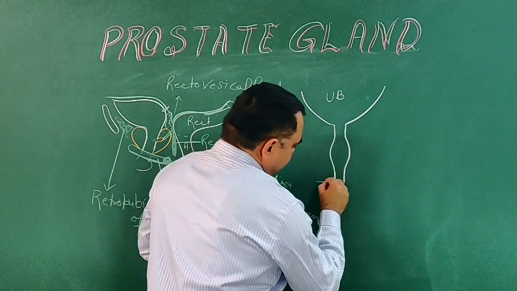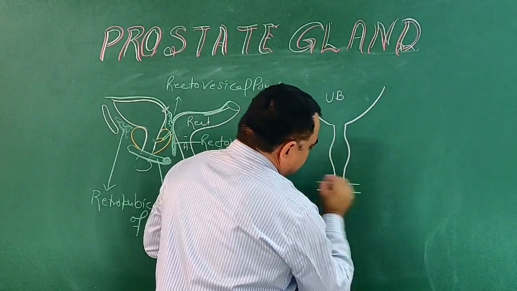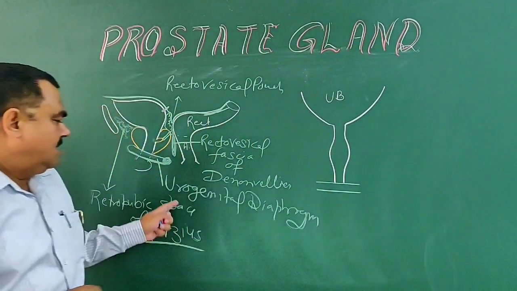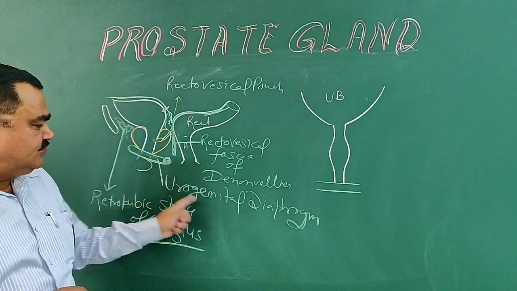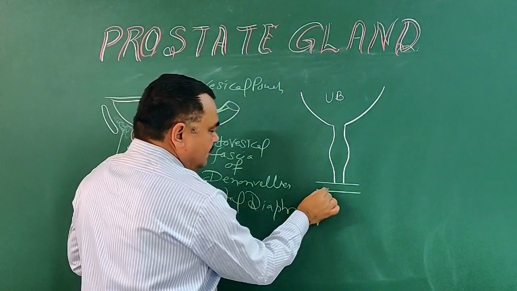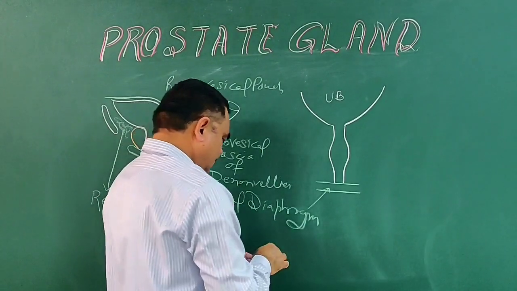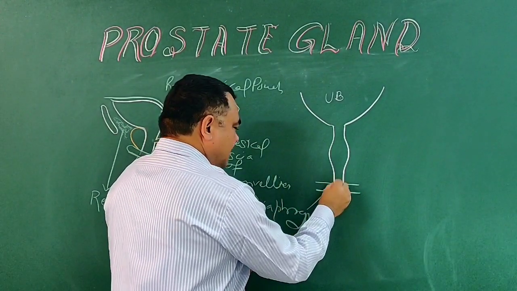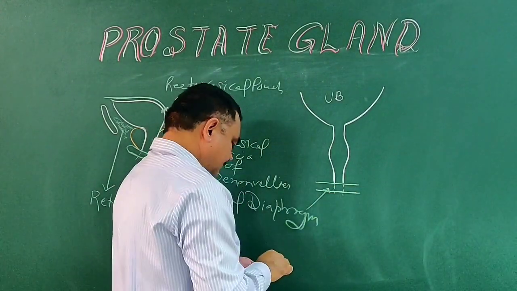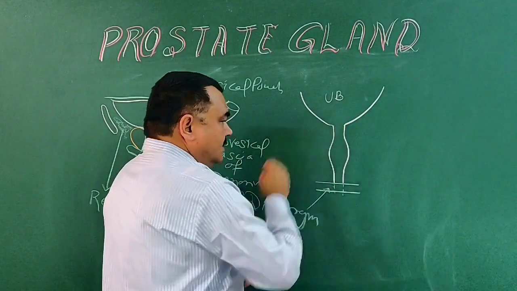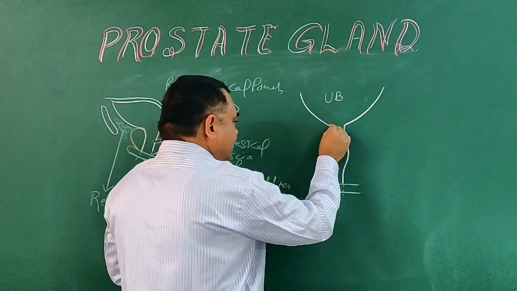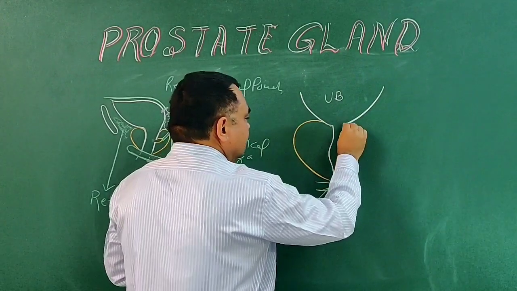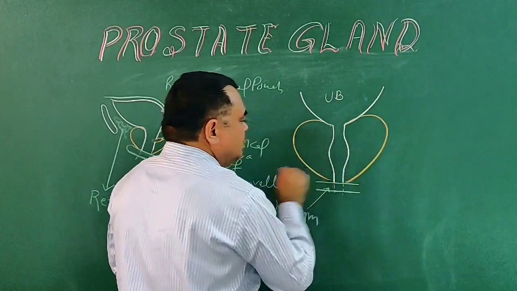Here is the position of the urogenital diaphragm. Here lies the membranous urethra. This is the prostatic part of the urethra. Here lies the prostate. This is the prostate gland.